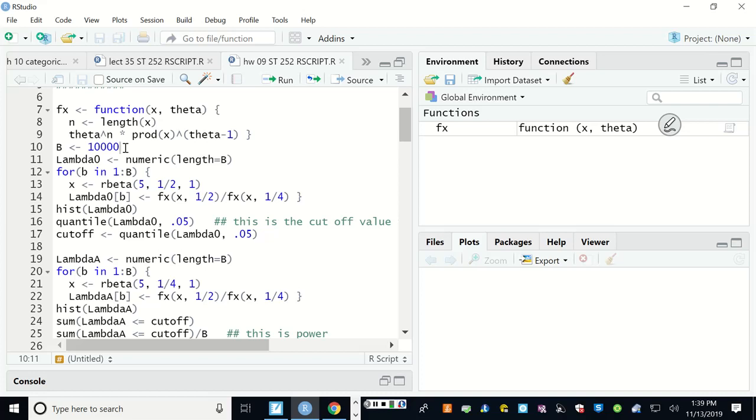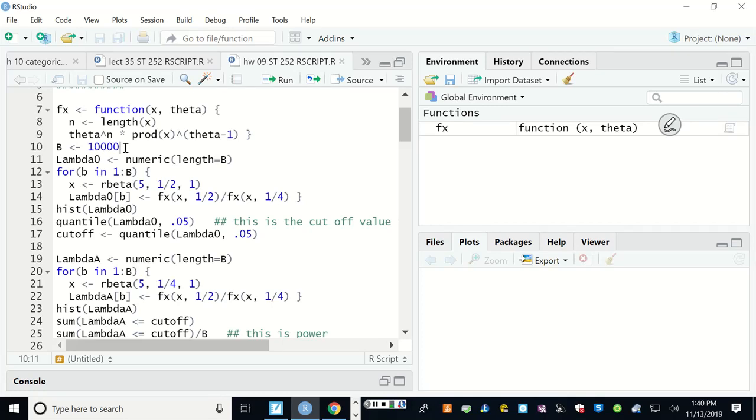So I'm going to generate 5 data points, calculate this density under 1/2, divided by the density at 1/4, the two parameter values. I can see what those things look like, look at the 5th percentile, because we reject when it's small, so looking on the small side. And that's the cutoff that we're going to get.